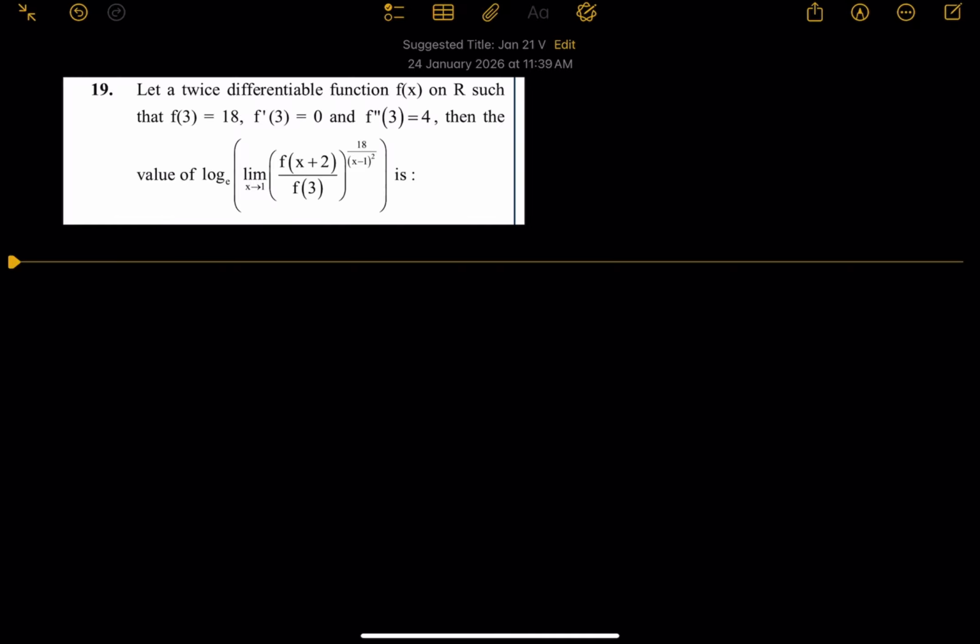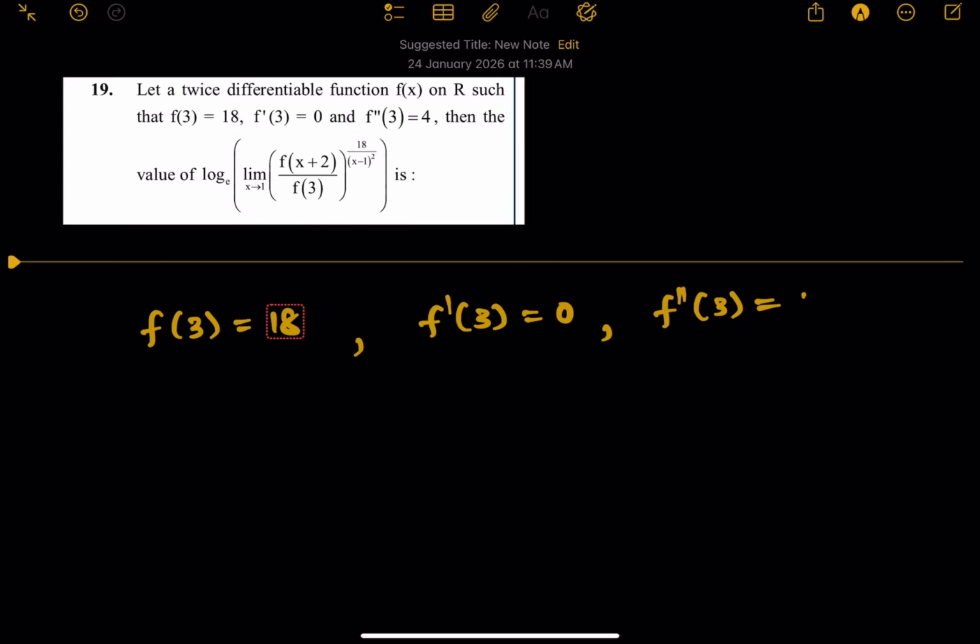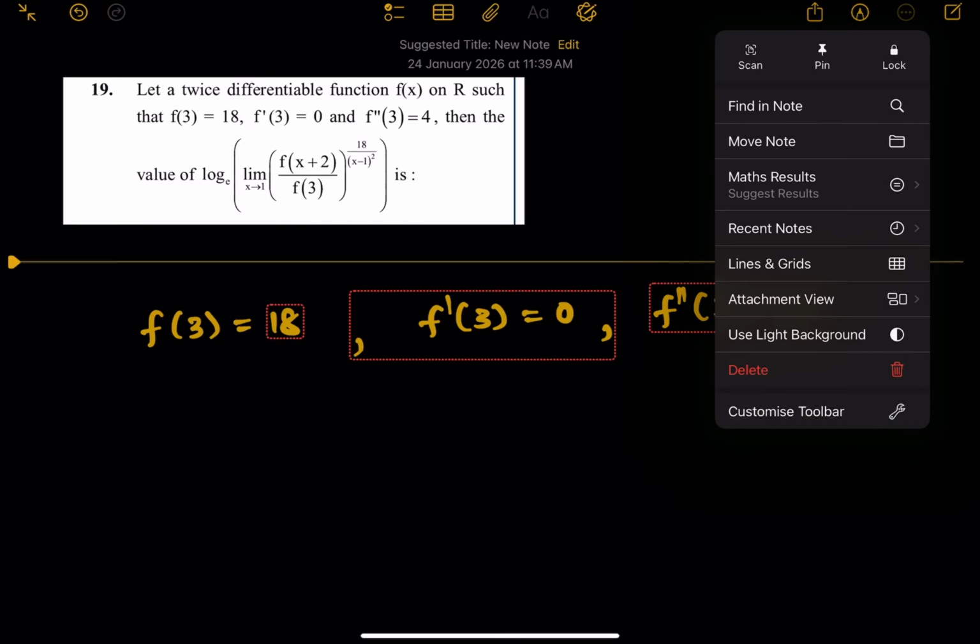So here we have the first question. Let f(x) be a twice differentiable function on R such that f(3) = 18, f'(3) = 0 and f''(3) = 4. So this is the information given to us.